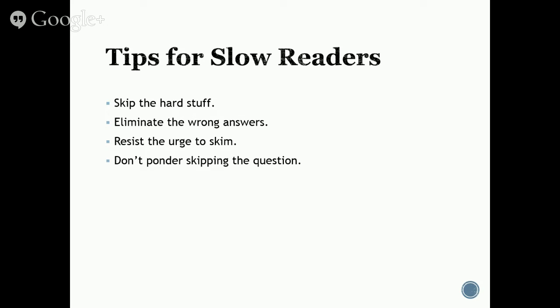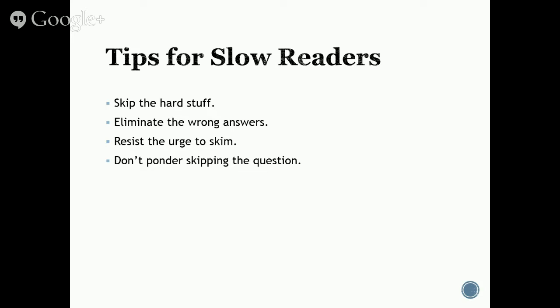So now some tips for some slow readers as you're going through. Not everybody reads at the same speed. So this is just some tips, because you only have about 1.5 minutes per question. So you need to not take too long as you're trying to read through the material. So if you're reading something and it's really hard, you're not finding it quite as easy to understand, skip it and see if maybe you can figure out what it means from what's around it.